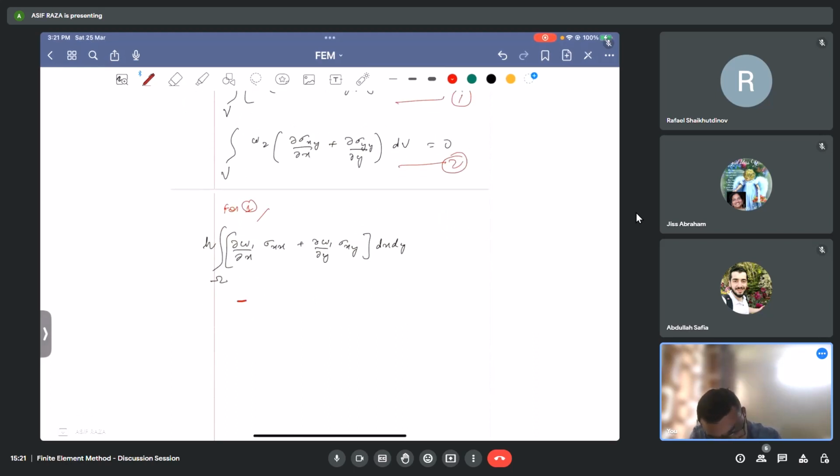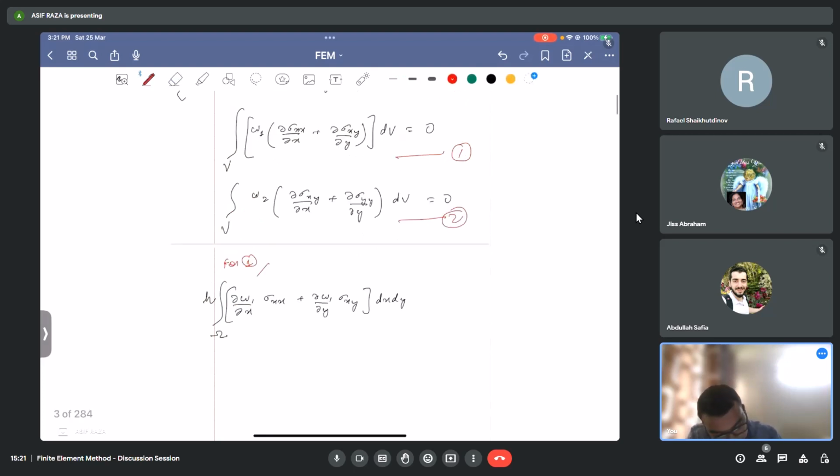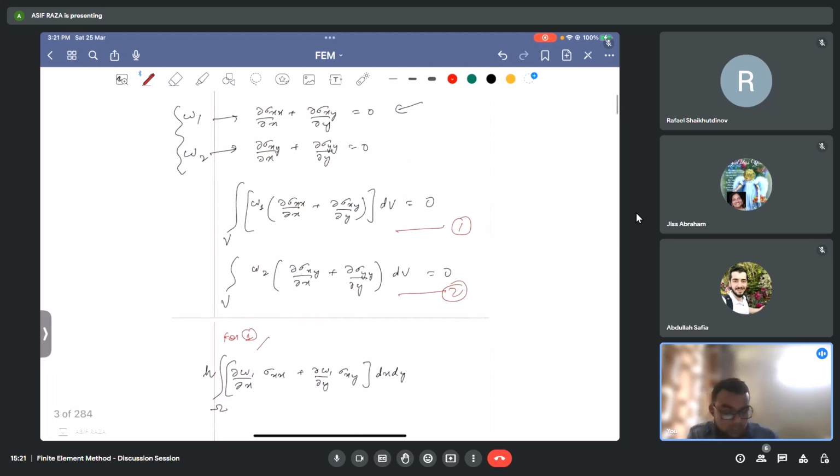Now this is a volumetric integral, so when we write it, it will be directly dx dy over omega times thickness h, because it's a 2D case, reduced 2D case.